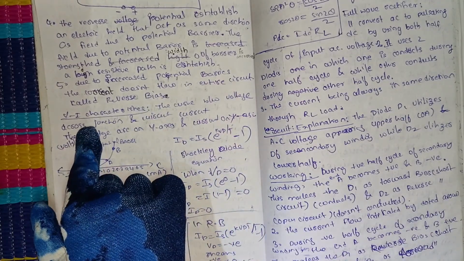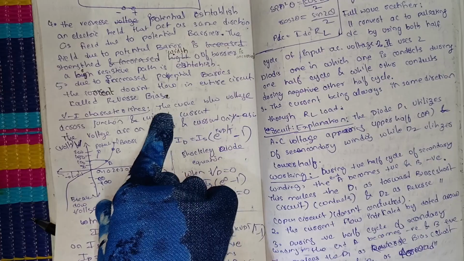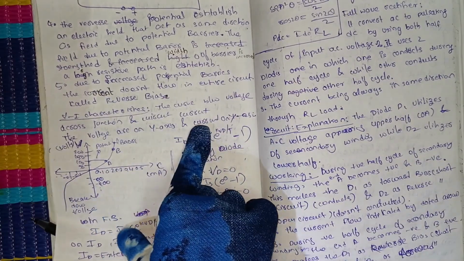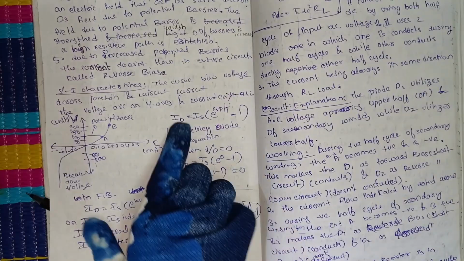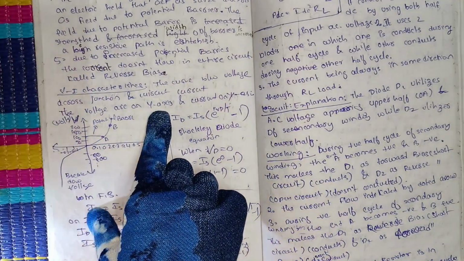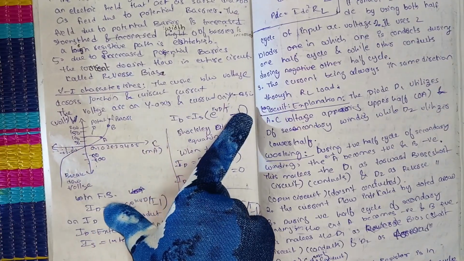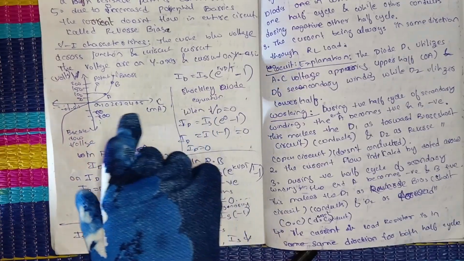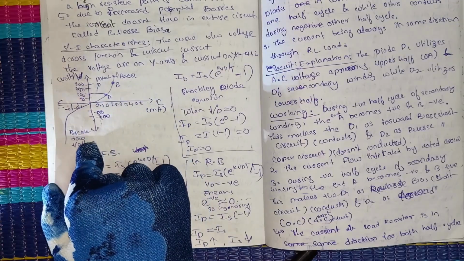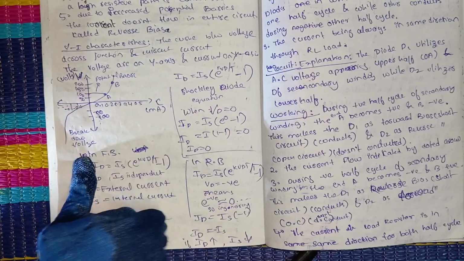Then we are looking into VI characteristics, the curve between voltage across the junction and circuit current. It's called VI characteristics. The voltage is on the Y axis and current on the X axis. So here is the curve, here is the potential barrier, and here the breakdown voltage.